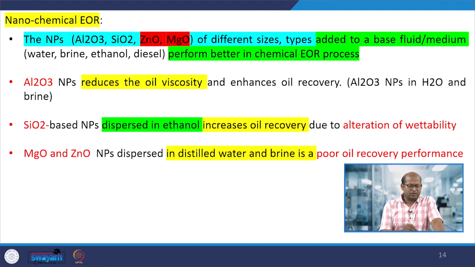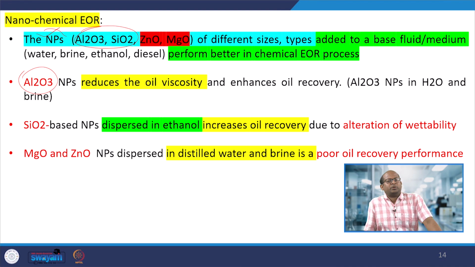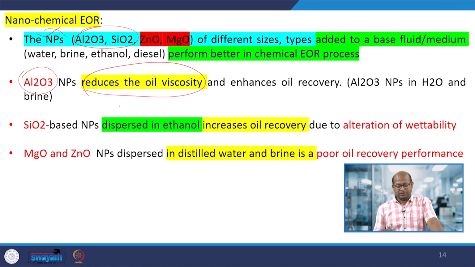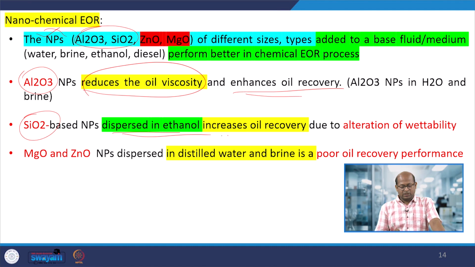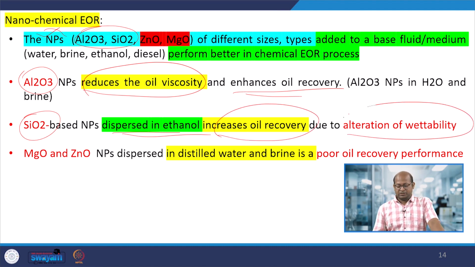So here I mentioned different types of nanomaterials, but we cannot use all of them. It has been observed that when alumina and silica nanoparticles are used with surfactants for enhanced oil recovery, they reduce viscosity and interfacial tension and enhance oil recovery. Silica-based nanoparticles dispersed in ethanol also increase oil recovery by altering the wettability of the oil in the reservoirs.